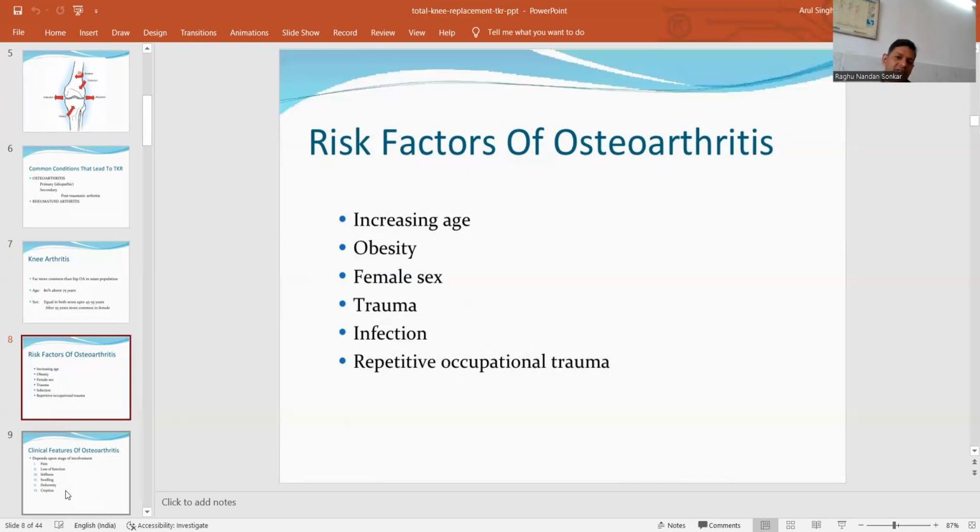Trauma is a predisposing factor for osteoarthritis. Obviously, infection, chronic osteomyelitis, septic arthritis may be a cause of osteoarthritis. Repetitive occupational trauma. So all are risk factors which lead to osteoarthritis, starting from the initial stage to advanced osteoarthritis.